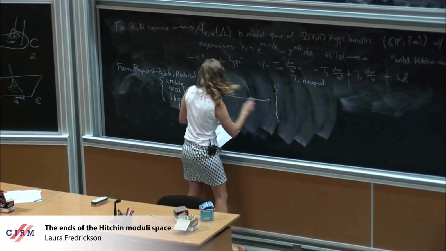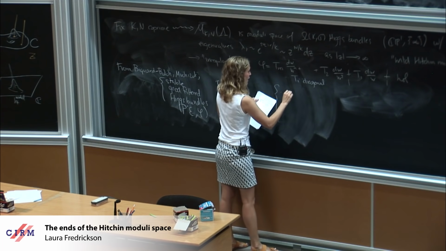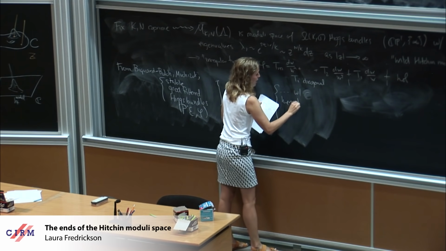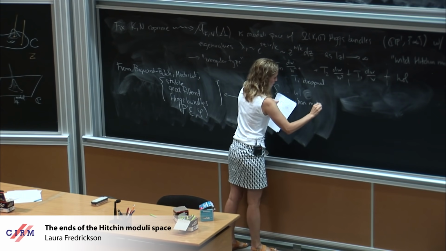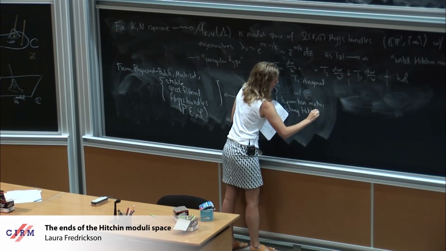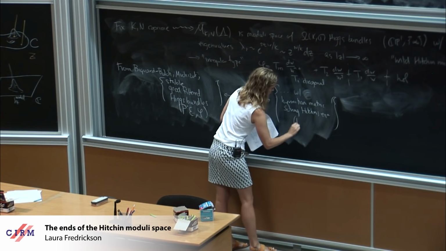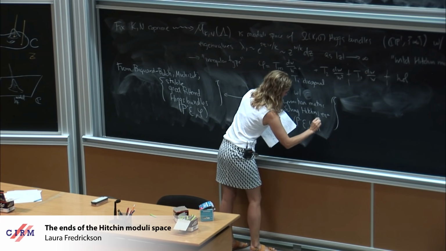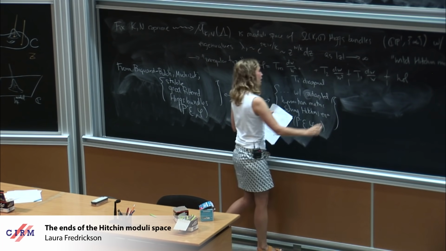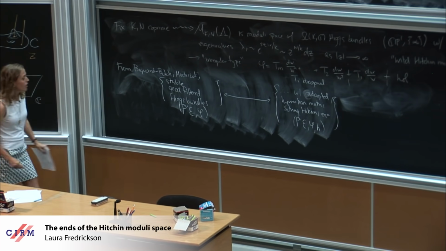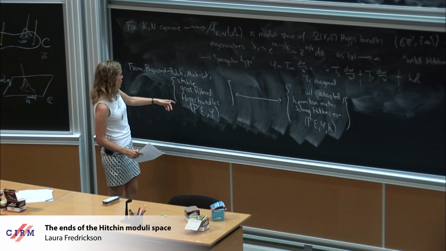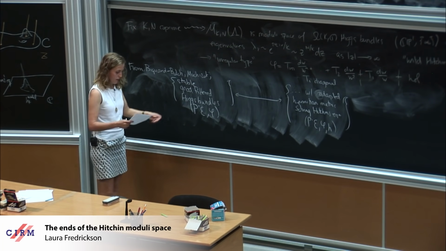And then if you have one of these stable ones, then you can get the same thing. There's a unique Hermitian metric solving Hitchin's equations. And the adjective we add here is adapted, meaning that the boundary conditions at infinity are compatible with and give the same filtration as the filtration over here on the bundle.